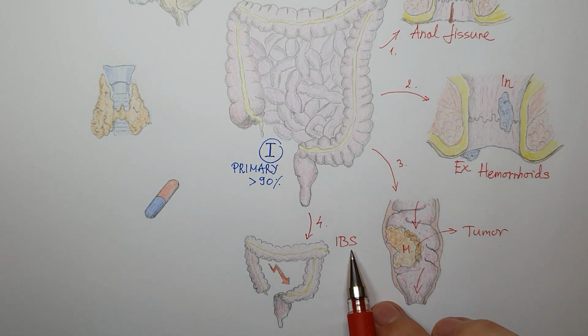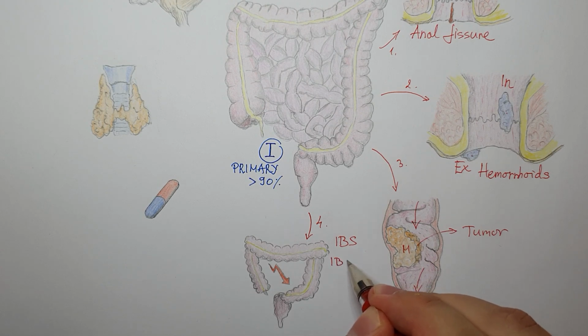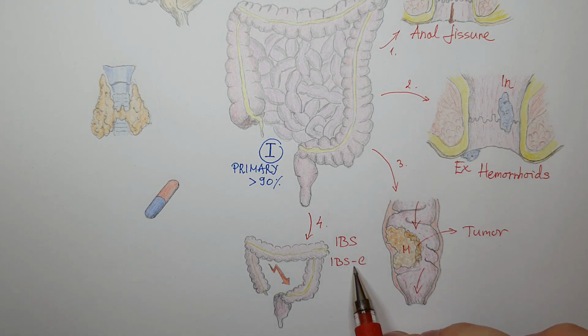In irritable bowel syndrome, we have many symptoms, but there is a form of irritable bowel syndrome that is constipation-dominant, where the dominant symptom is constipation. There are other symptoms, but constipation is the dominant one. So it is also important to know that there is a very similar disease to primary constipation.